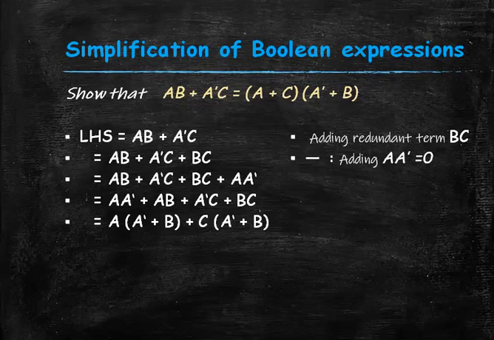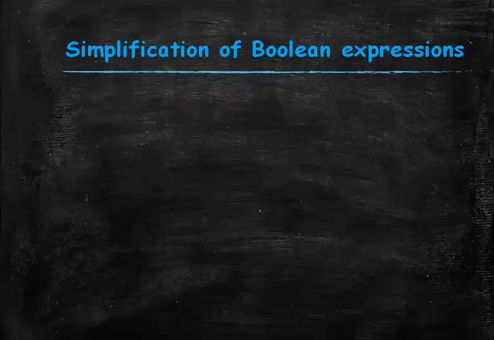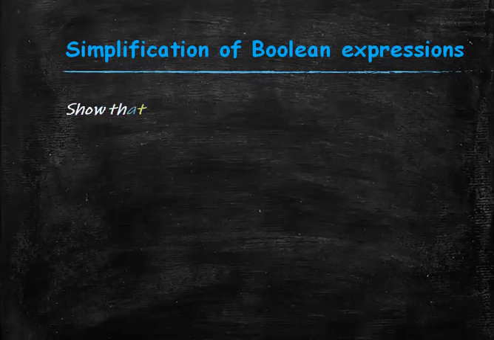We write A(A bar + B) + C(A bar + B), and we take (A bar + B) common. Then we get it is equal to (A + C)(A bar + B). It is the result.